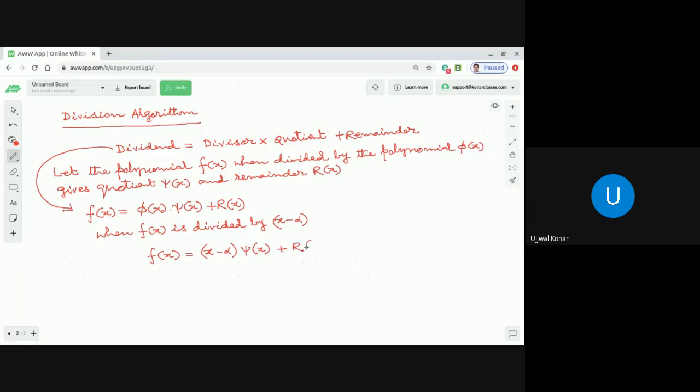Plus R(x), that is the remainder. Clear or not clear? Yes, sir. So that is what we get from the division algorithm.